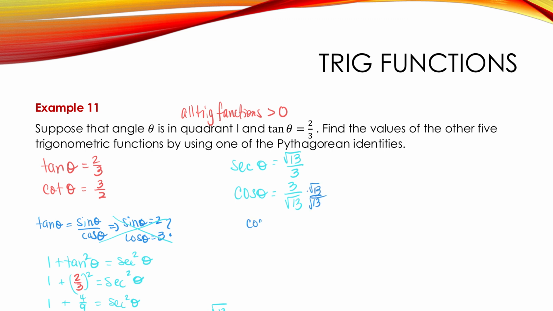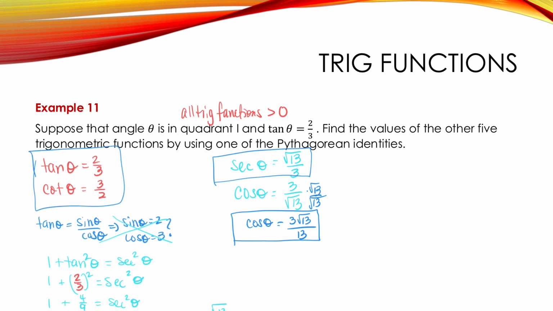And then we end up with cosine of theta being 3 root 13 over 13. So now we have cosine, we have secant, and we have tangent and cotangent. So we're almost there. We now need to figure out what sine and cosecant are.